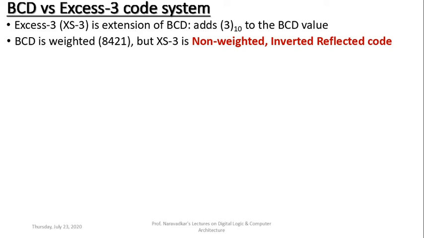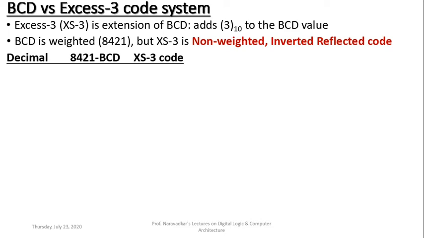Now the second point which has been stated here is that BCD is a weighted code. Weights are added, say 8421. But XS3 code is a non-weighted code. And the second property, highlighted here, is that it is an inverted reflected code. Okay, and this property can be easily verified in the next discussion.